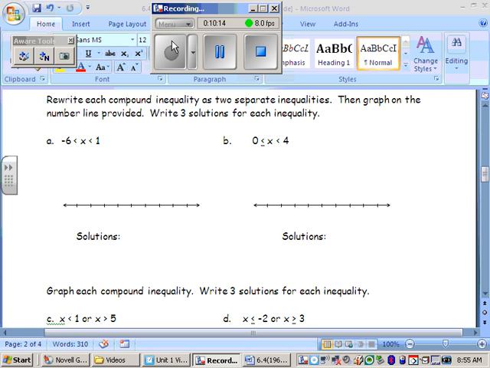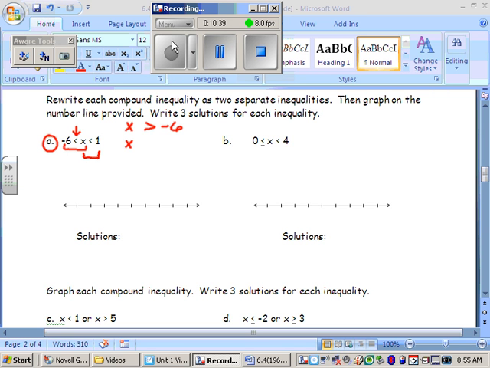So in example A, if we were to separate this into 2 inequalities, we know that both inequalities will begin with the x. Now let's start with this part here. We know that the x will go on the left and the -6 on the right. And then look and see where the inequality symbol is pointing. And notice it's pointing to the -6.